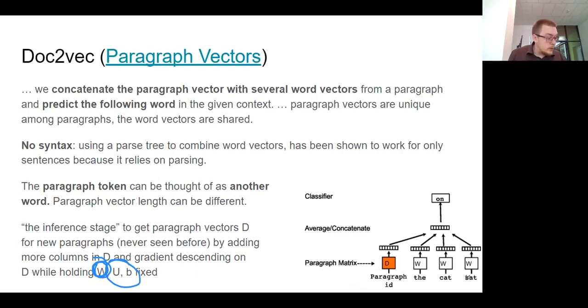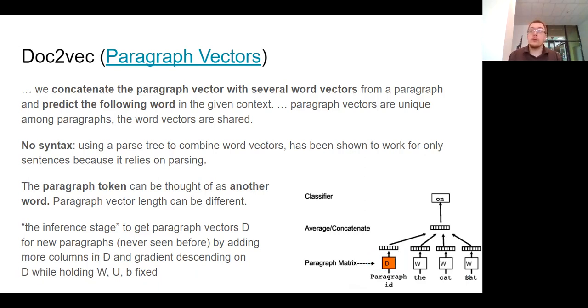And we do gradient descent on D. So we, let's say, train the new vector. We tune the parameters in the way that minimizes the loss for this particular paragraph. So the embedding of this paragraph will be retrieved by a short gradient descent procedure. So this inference requires some additional machine learning training, which is in practice very fast.